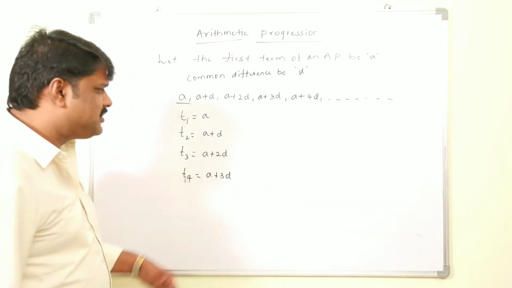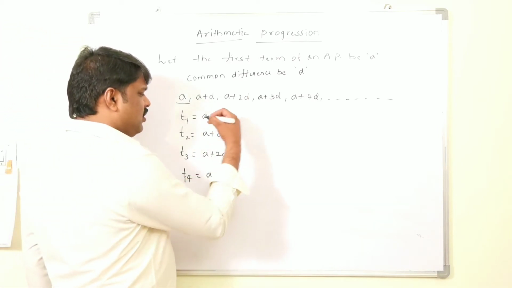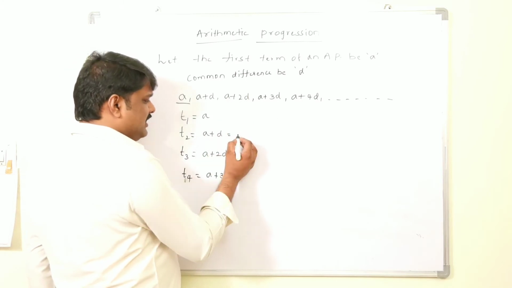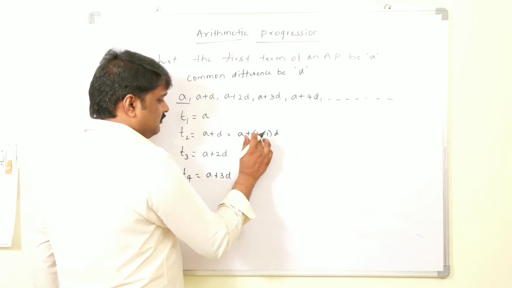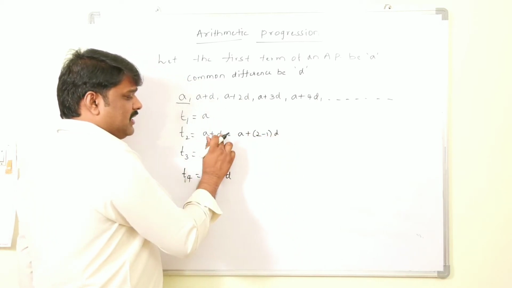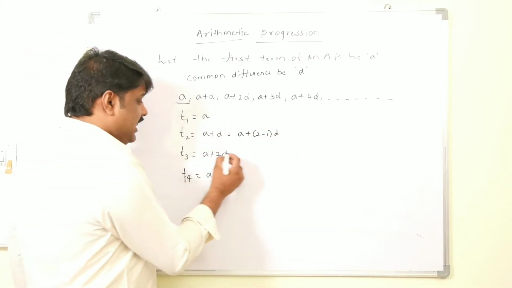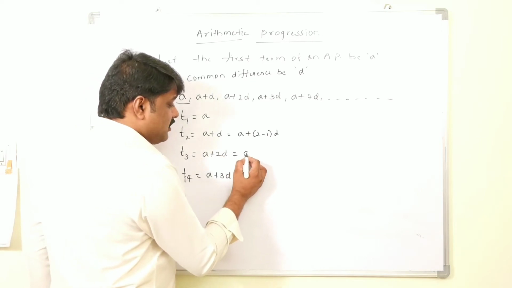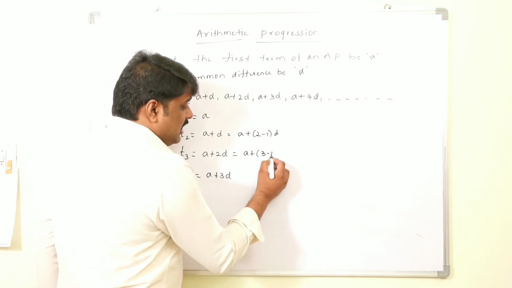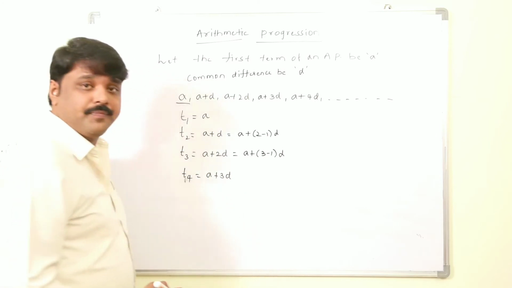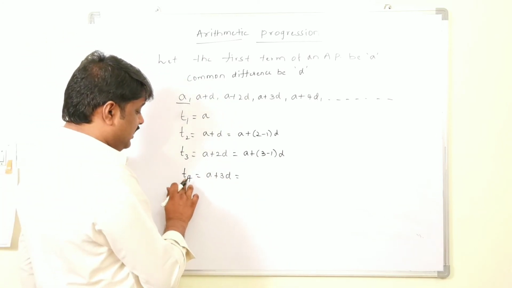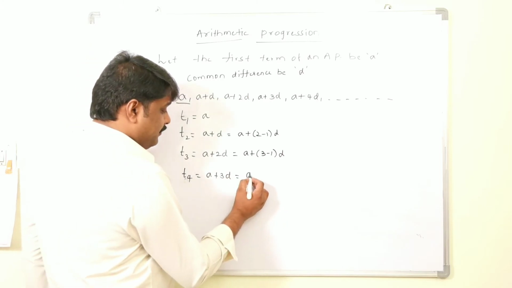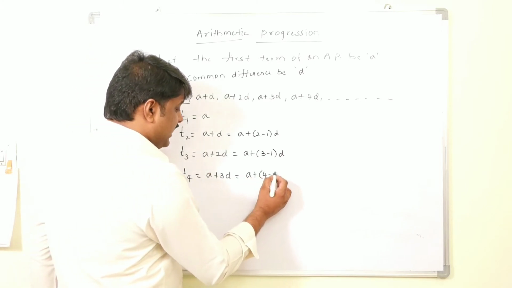One thing we have to observe here: T1, leave it off. T2 is a plus 2 minus 1, that is a plus 1d. T3, a plus 2d, is a plus 3 minus 1 into d. And T4 we have taken as a plus 3d, which is a plus 4 minus 1 into d.